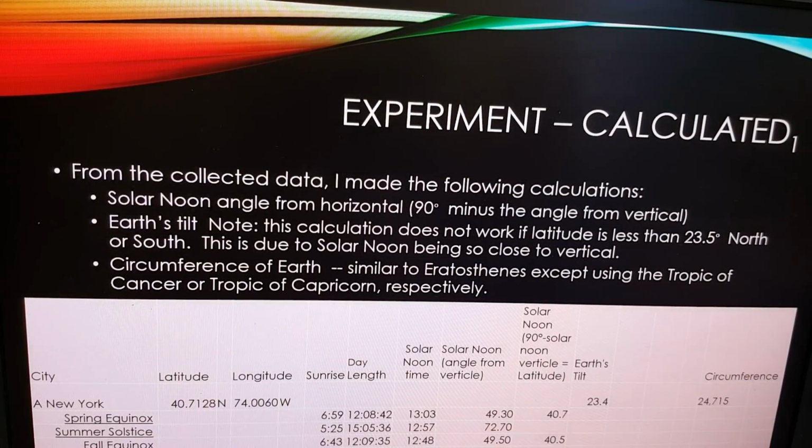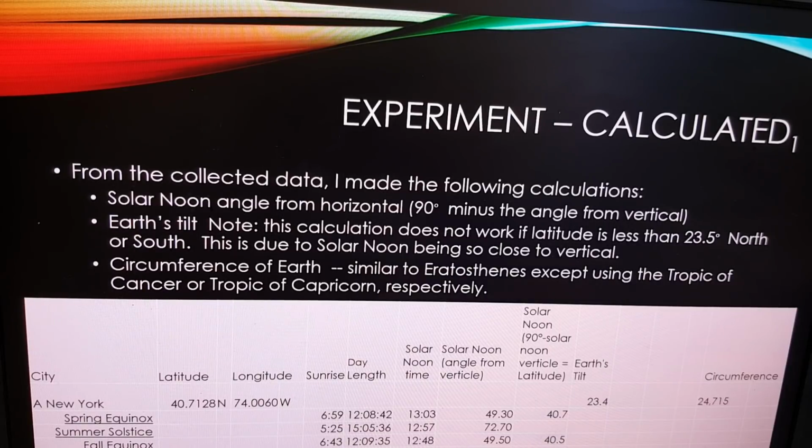This is what the data looked like when I put it in Excel. So here I have the city name, spring, summer, fall, winter, the latitude, longitude, sunrise for each of those four, day length, solar noon time, and the solar noon angle from vertical.